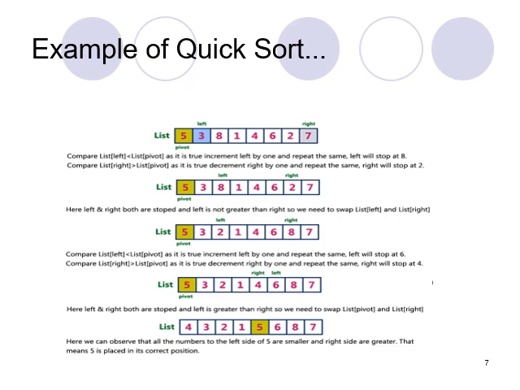Now the i value is 4. i is less than the pivot, so again it is incremented. Now the i value is 6. We compare it with the pivot. The i value is greater than the pivot, so we stop at that position.